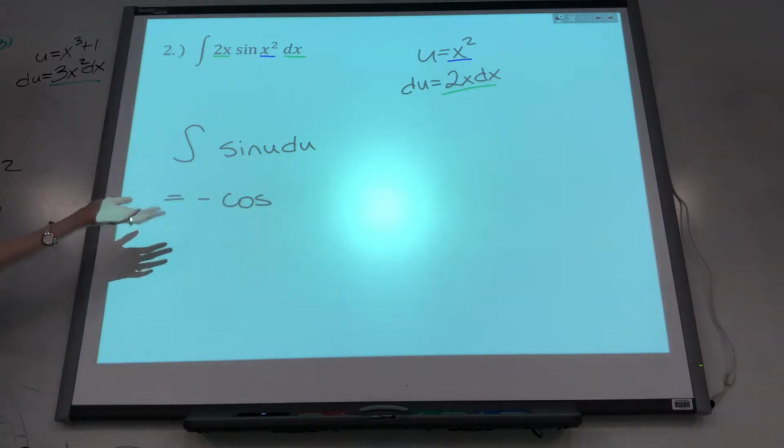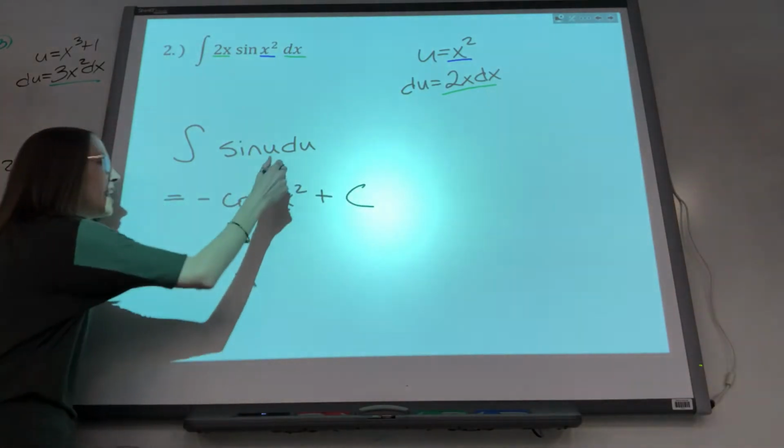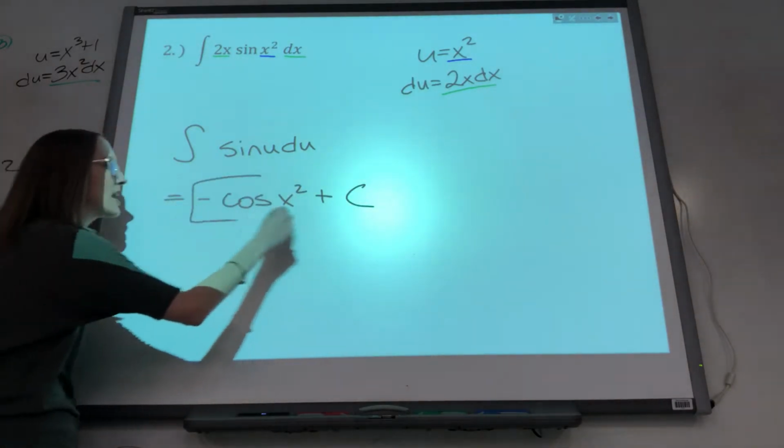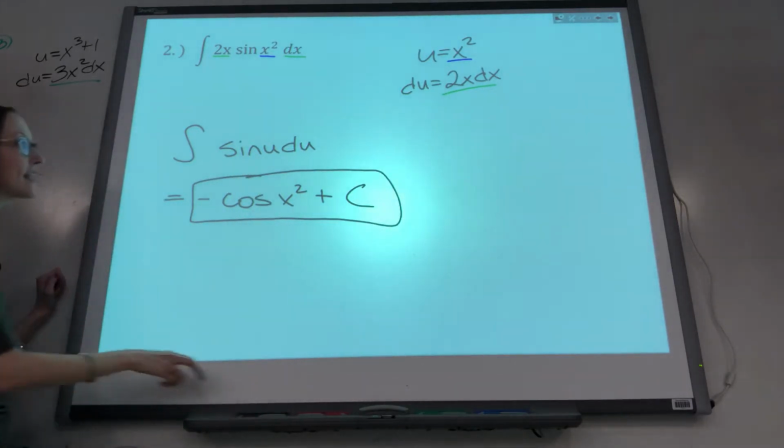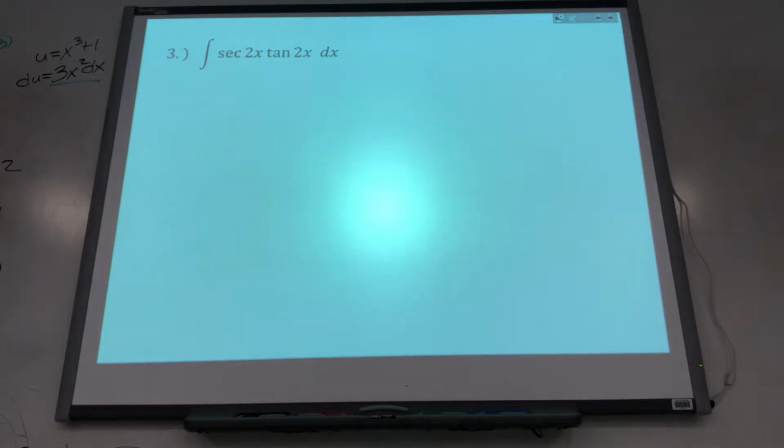And instead of putting it with u, I'm just going to go ahead and put what u was. That should be negative cosine of x squared, and then plus c. If you already have everything you need for du, then don't balance it out with anything. Let's keep on rolling here.